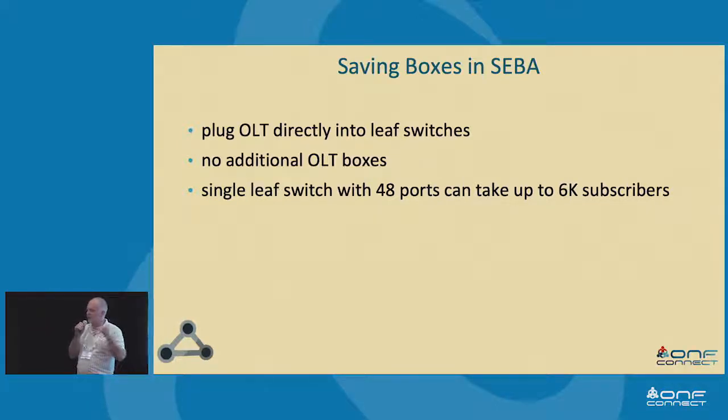So that means there are now up to 48 of those pluggable OLTs that you can run on a potential leaf switch. So we want to save on boxes. We do not necessarily want to have a separate pizza box. Probably Delta sees that differently, for just being the OLT or being in the place of a standard OLT.